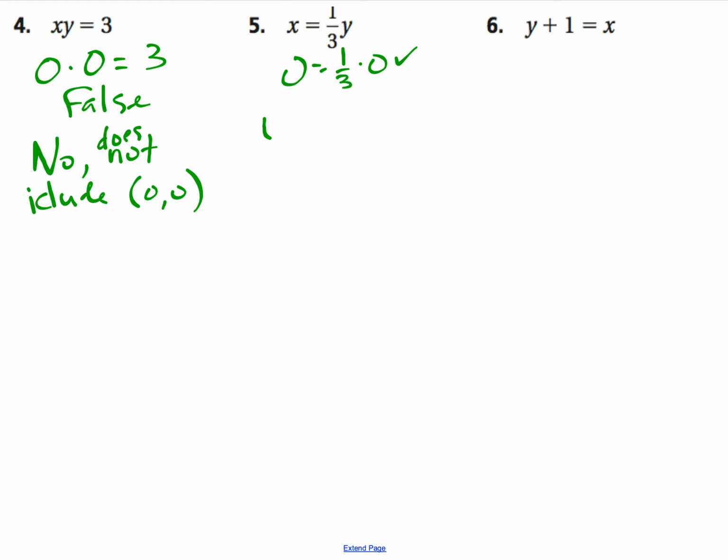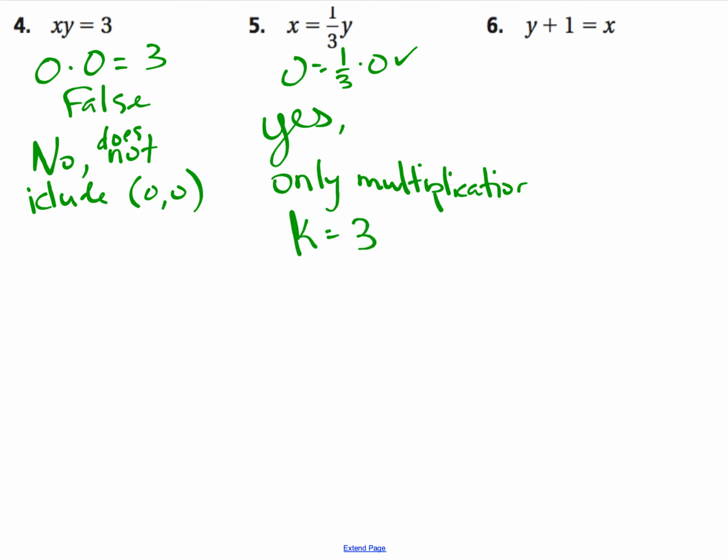We do know it's direct variation because there's only multiplication. In fact, we could quickly figure out that k is 3 because y will equal 3 times x. If x is a third of y, then y is 3 times x. We could multiply both sides by 3 over 1 to demonstrate that as well.